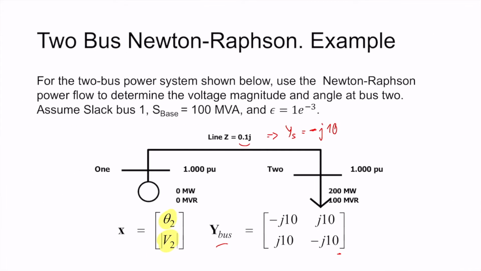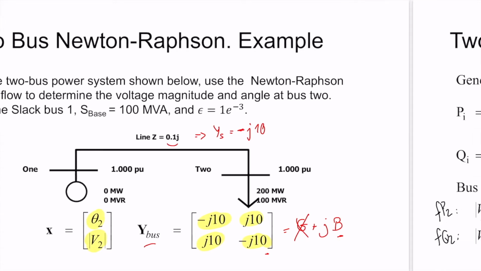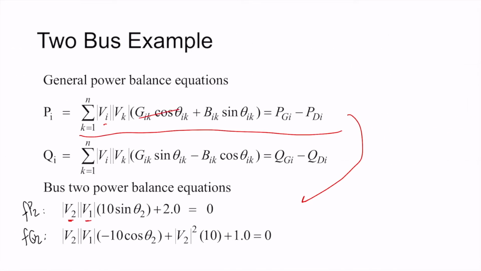If I go back, there is no real part, no resistive losses, so everything is reactance in series. So it is equal to G plus jB, and G is 0. I have only the imaginary part of this admittance matrix, so this part disappears, this part disappears.